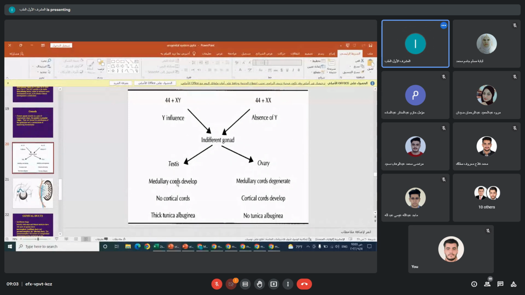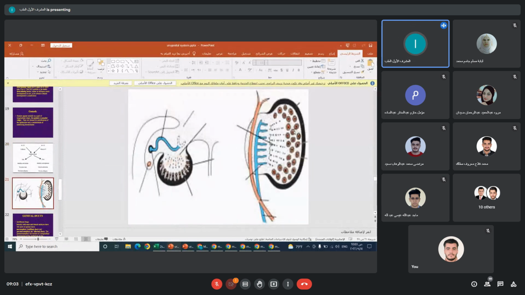Toward the hilum of the gonad, the cords break down into the rete testis. So the cords start medially in the medulla, not here in the periphery, so we call them medullary, and toward the hilum, these cords break up into small tubules called rete testis. Then there is development of a fibrous structure called the tunica albuginea, which protects the testis and separates the testis cords.